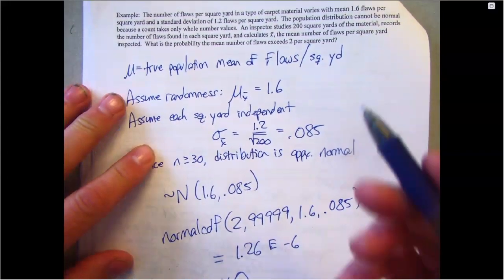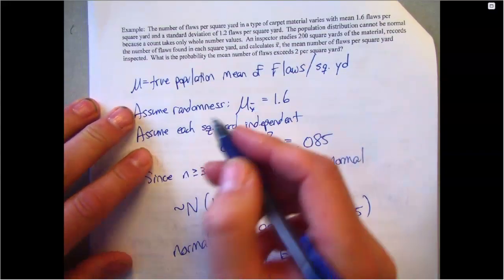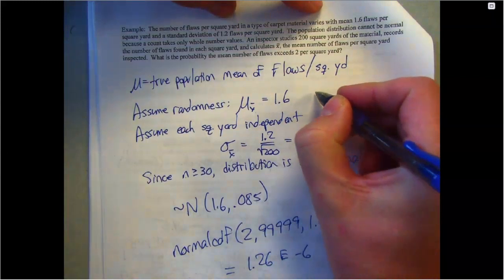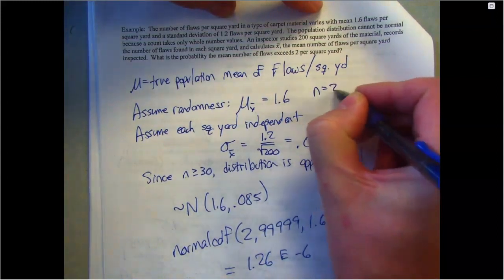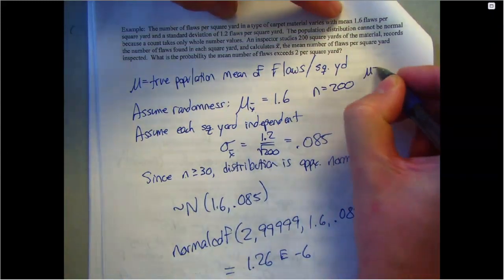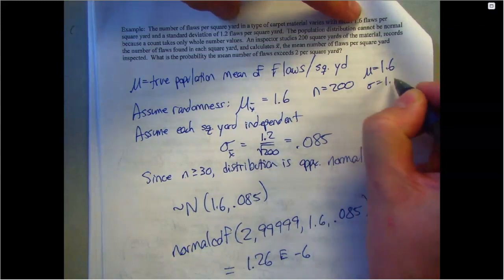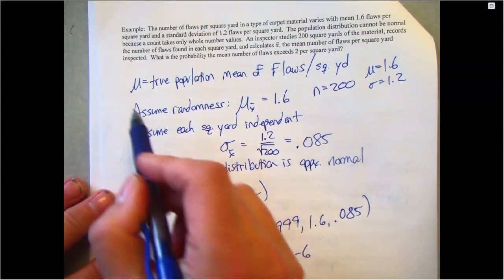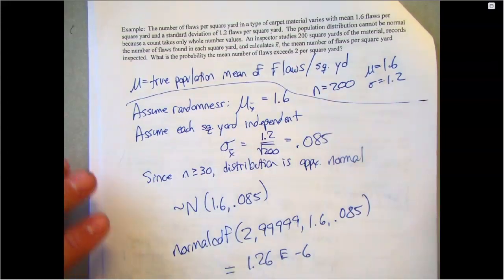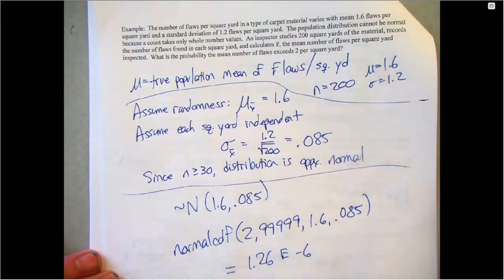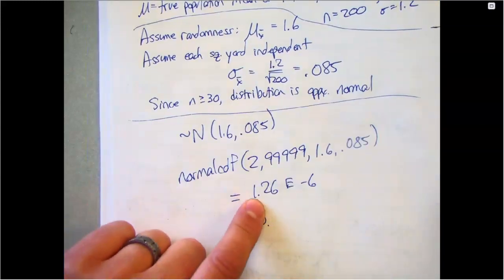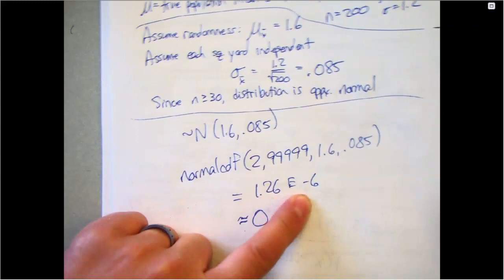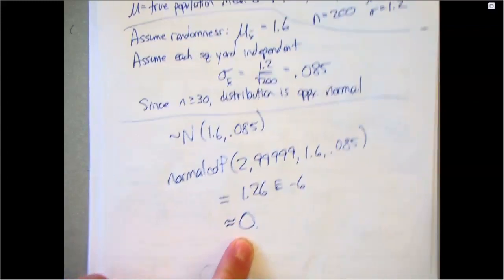In the last version of this, I also wrote down what we know: n equals 200, mean equals 1.6, standard deviation equals 1.2. You don't gain or lose points for that, but it summarizes what we have. These are my conditions, going through all those, and then doing my work and calculating. And I got 0.0000126. At that point, you can basically say it's approximately 0.